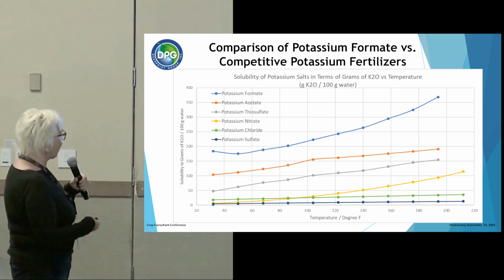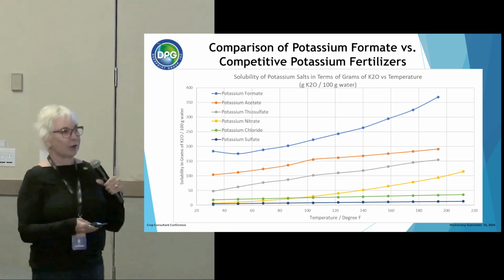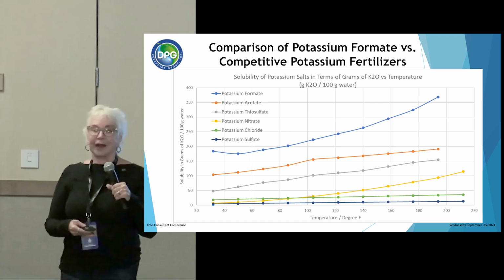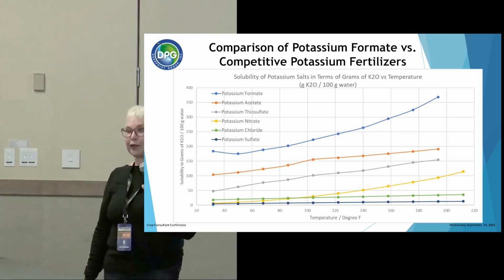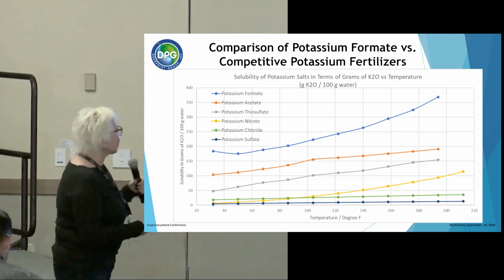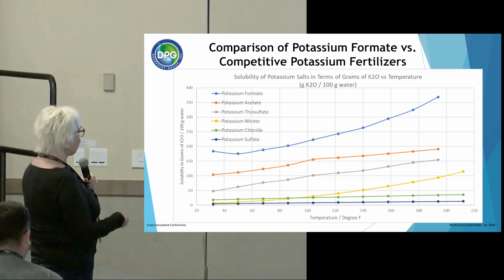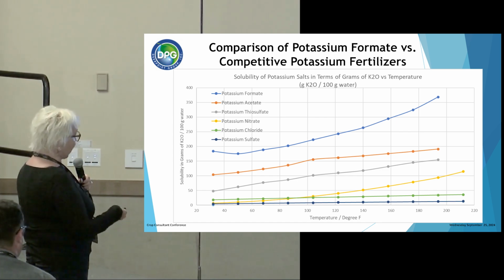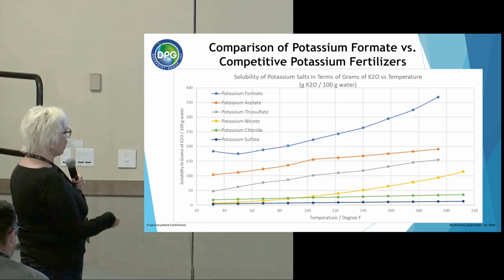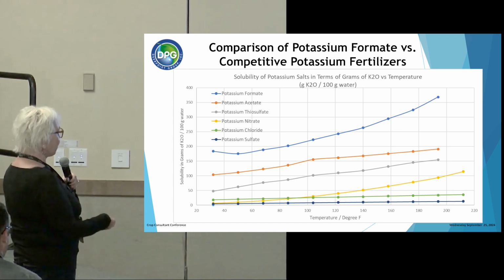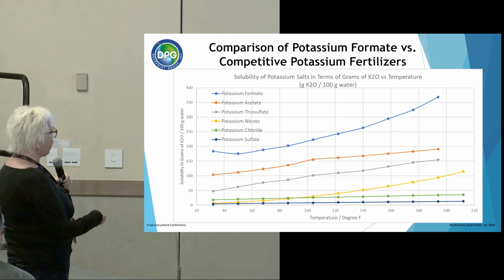Because we've gone up to 212, or boiling, Fahrenheit. Well, we're chemists and we really do our research thoroughly. So obviously the zone that we care about is perhaps even in the wintertime, but it's really in terms of most of our growing season, it's this zone.